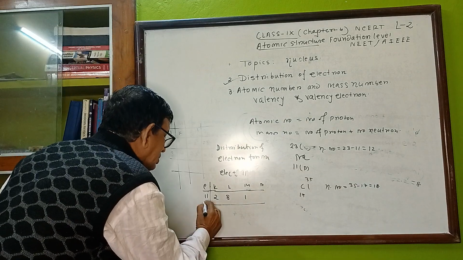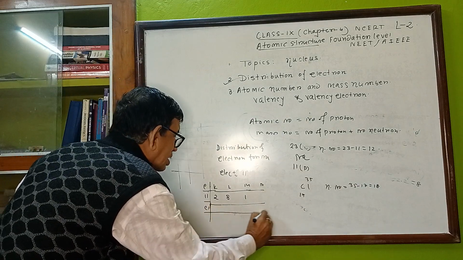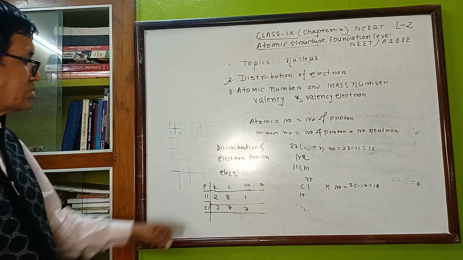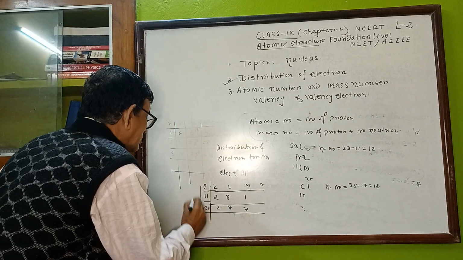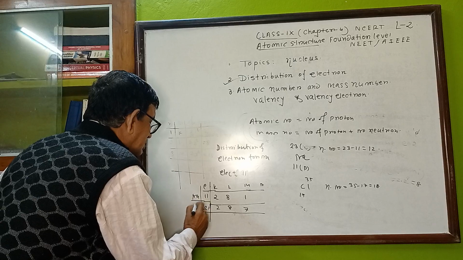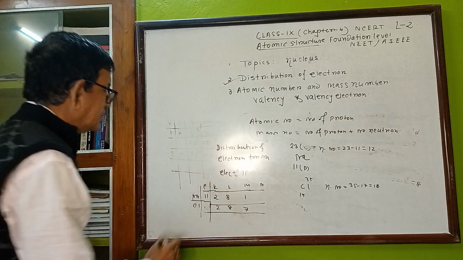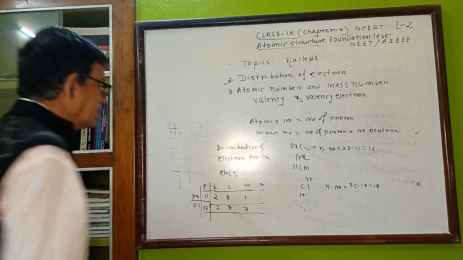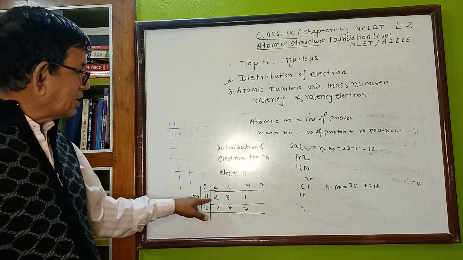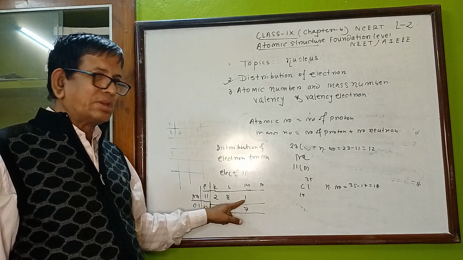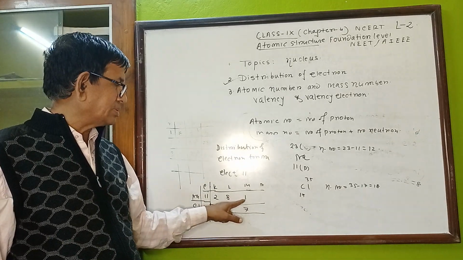Similarly for chlorine 2, 8, 7. That is for sodium and that is for chlorine, chlorine 17. So for sodium 2, 8, 1. The last orbit has only one electron, that is the valence electron.